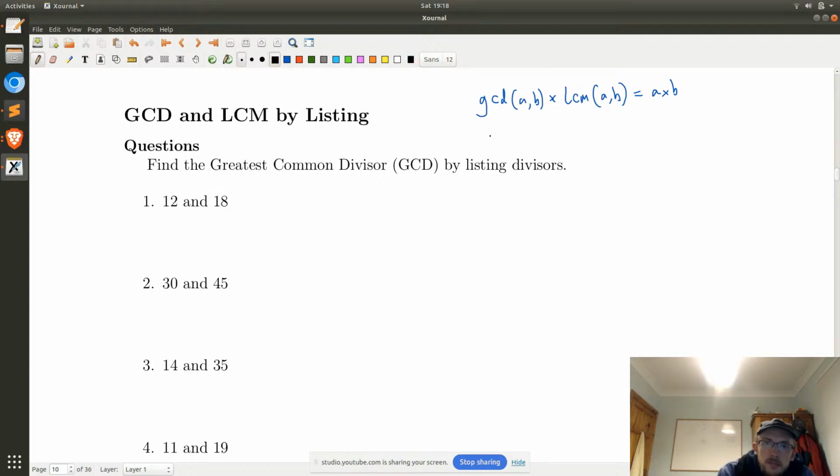E.g., don't pick a pair of numbers that are co-prime to each other. That's bad, because you know that their greatest common divisor is just going to be 1, so it's not going to work. So choose something like 12 and 18.